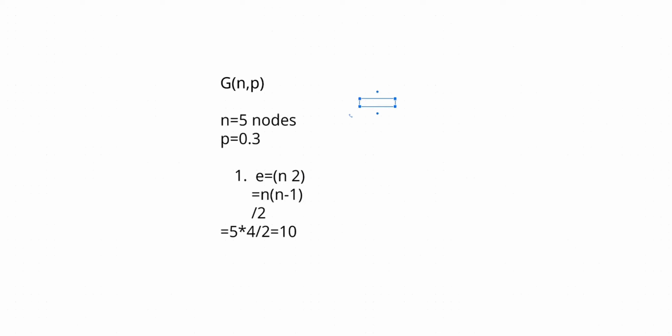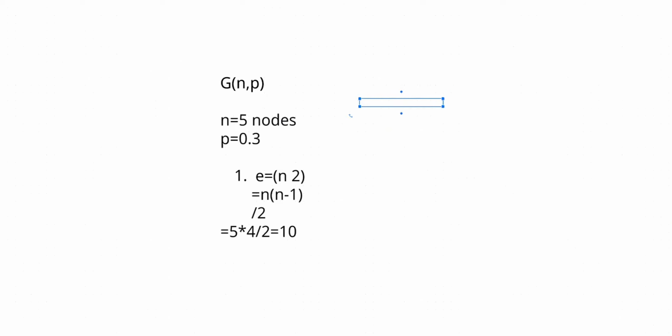Then you can easily say that, well, for the case of node 1, these are the edges that might exist. There might be one between 1 and 2, between 1 and 3, another edge between 1 and 4, as well as 1 and 5, right?